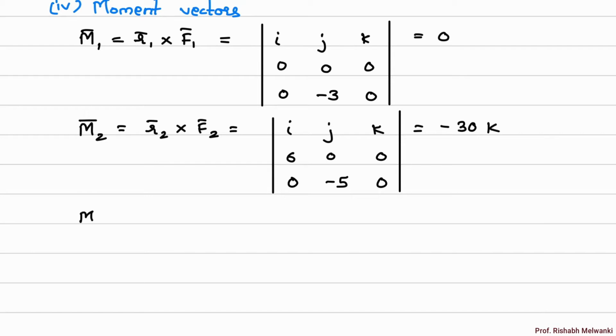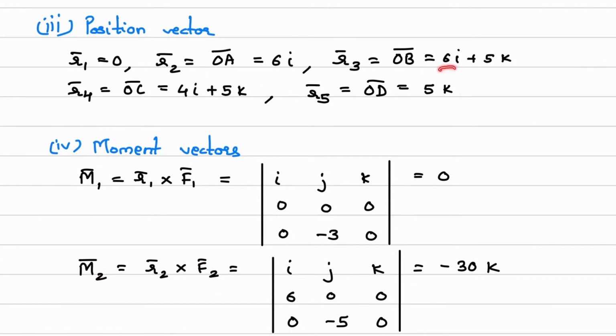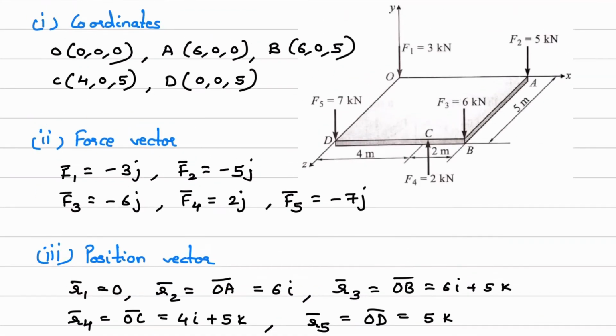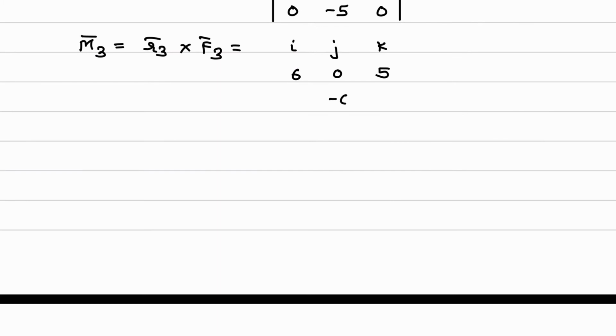Next, moment of force 3, it will be position vector into force vector 3. Position vector for point 3 is 6i plus 5k, j is 0, 6 0 5, and force vector F bar 3 is minus 6j. So you can simplify this and you will get 30i minus 36k.